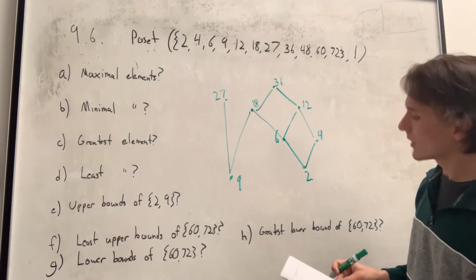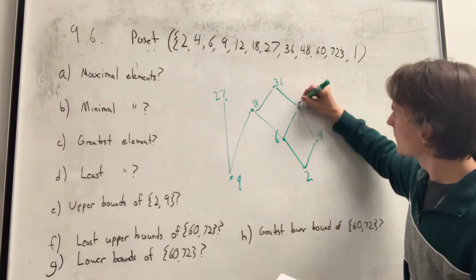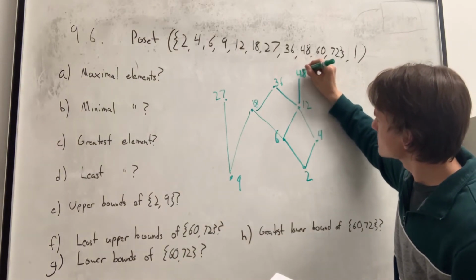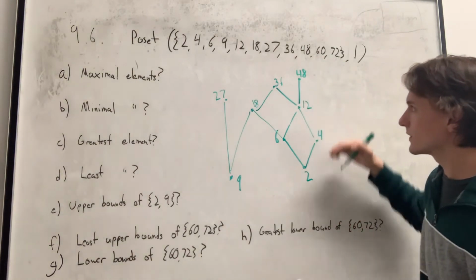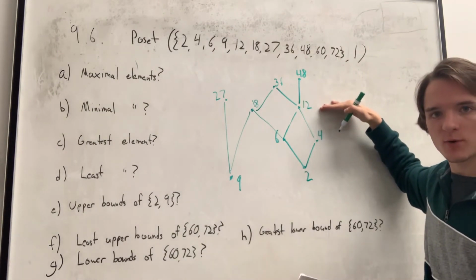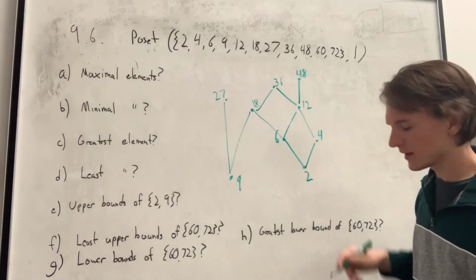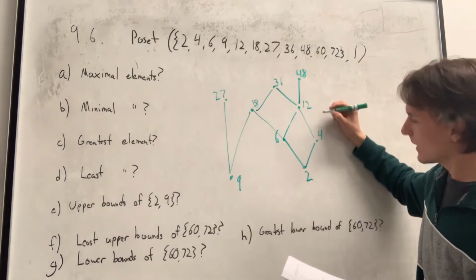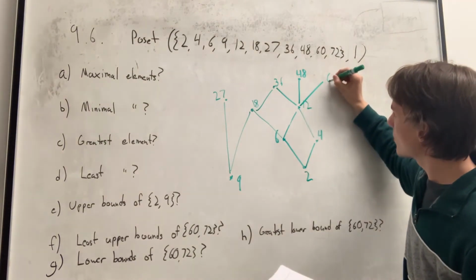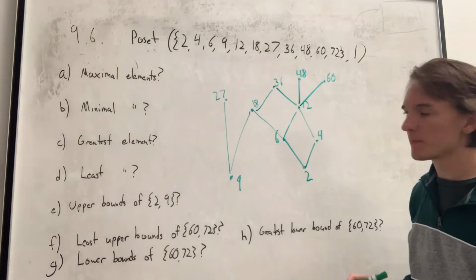After 36, we're given 48. 48 is divisible by 12, first and foremost, then 6, 4, and 2, consequentially. We have 60, again, that's only divisible by 12 on the highest level of our hash diagram.